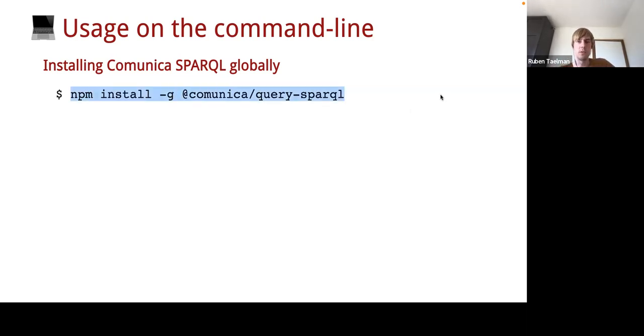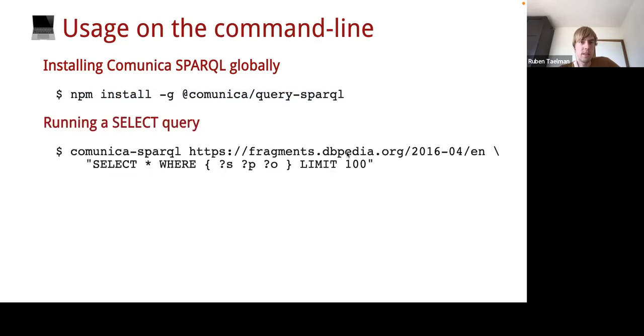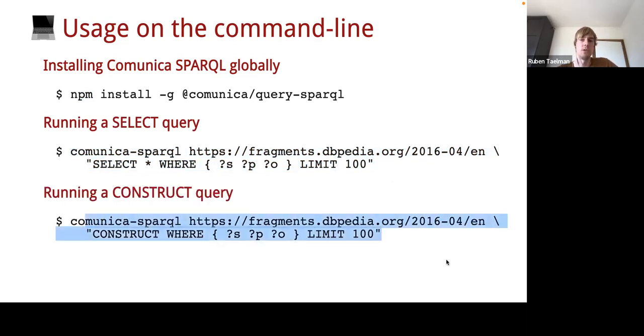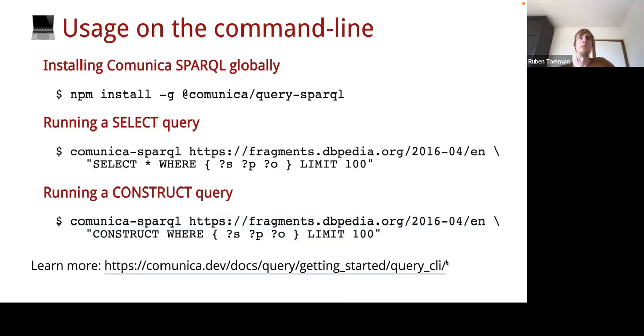I won't execute this on my system because I already have it installed. But what we'll have a look at in just a minute is how to execute a SPARQL SELECT query. And then we'll also have a look at how to execute a CONSTRUCT query. All of the things I will show you are also explained in more detail on the website, in case you would want to have a look at it during your own time later.